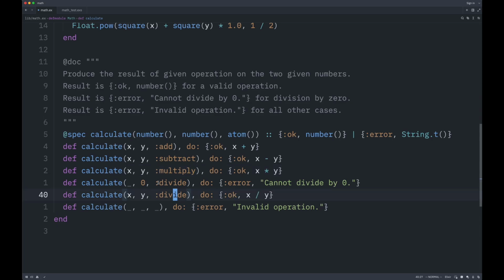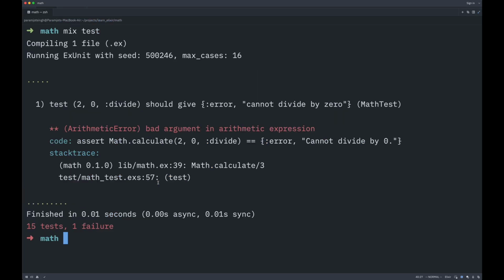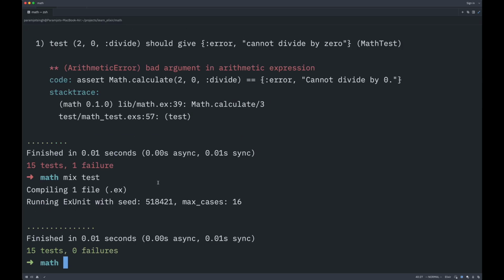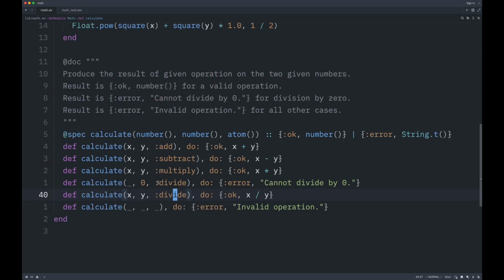So we don't want that, so I bring that back to its original state and run the mix test and make sure the test passes again. So bottom line is, with multi-clause functions, the order matters, so you have to pay attention to the order of the function clauses.